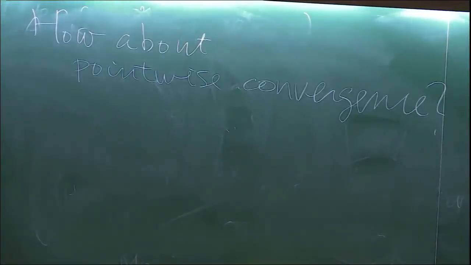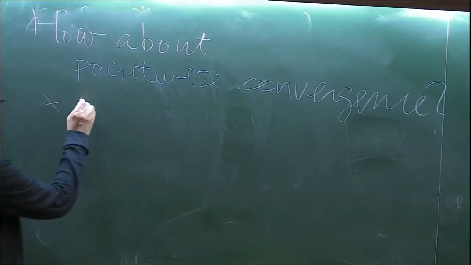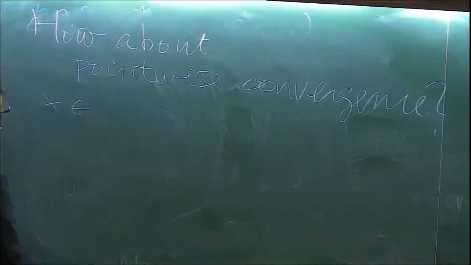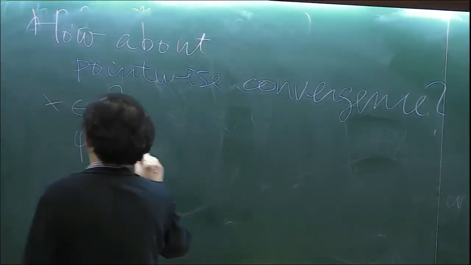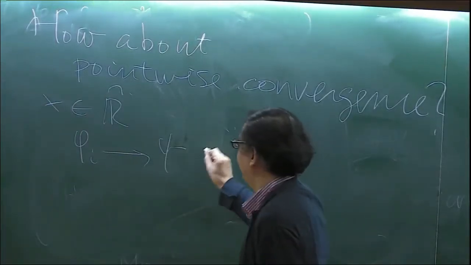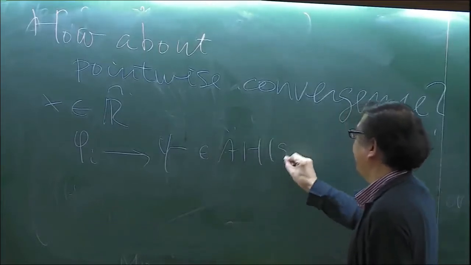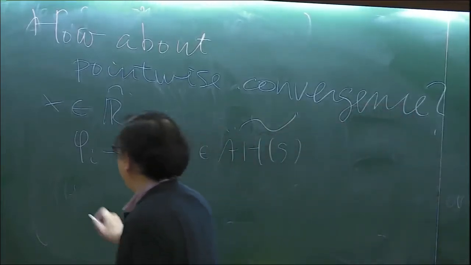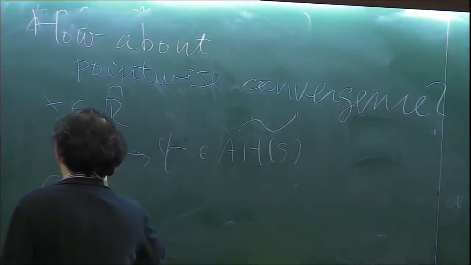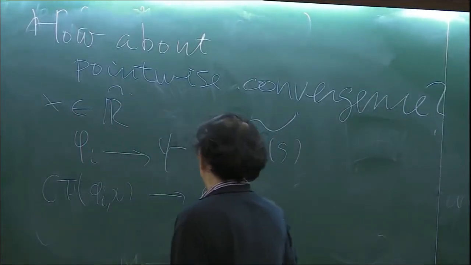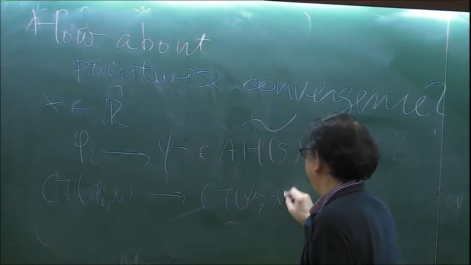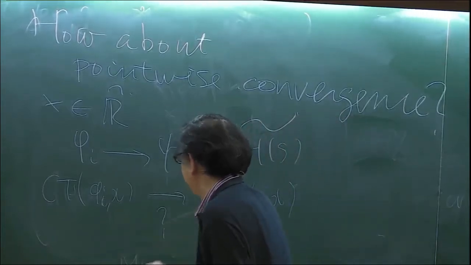So we fix some point x in R and consider phi_i converging to psi in HS tilde. And we'd like to see if phi_i x converges to CT psi x or not. So that's the question.